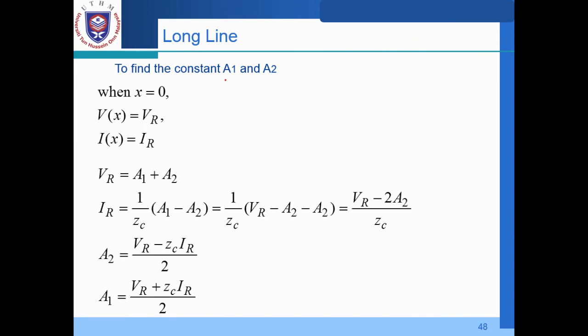We might figure out the constant values of A1 as well as A2. When x equals 0, all these are the relationships and derivations, and so we have the A2 and A1 relationship, in terms of the characteristic impedance Zc as well as VR and IR.